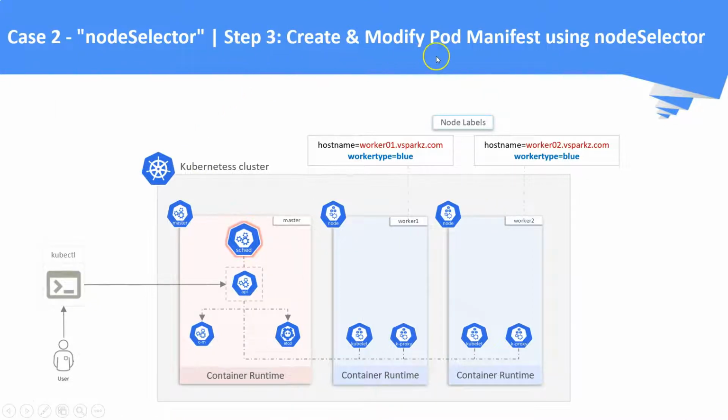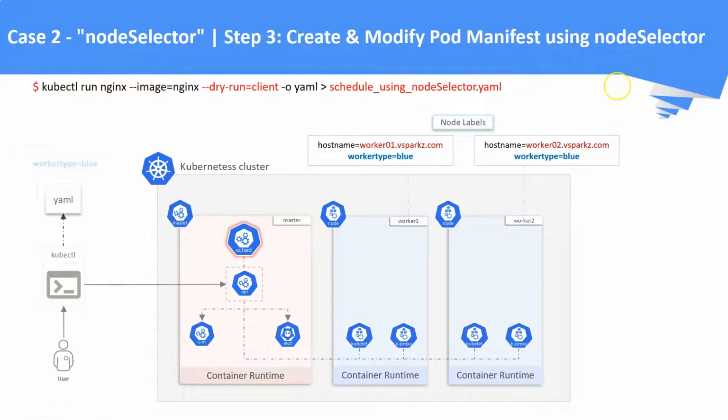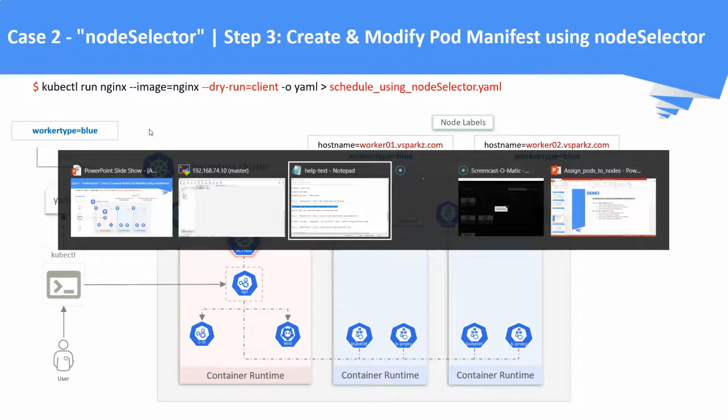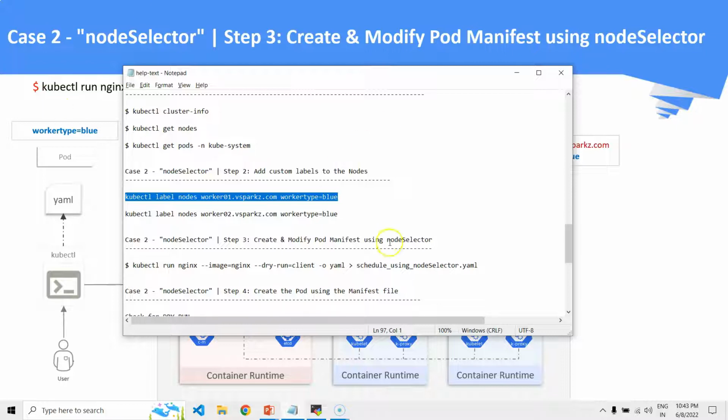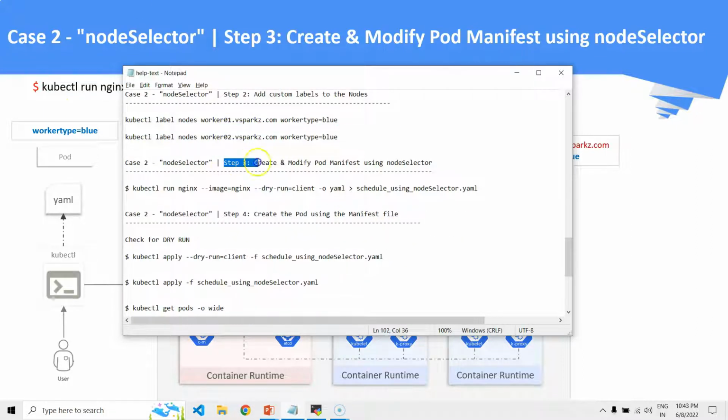Step number 3, create and modify the pod manifest using the nodeSelector constraint. Here we are going to use the custom label worker-type=blue for the nodeSelector constraint. I'm going to use the same way as in our case 1 to define the YAML manifest file.